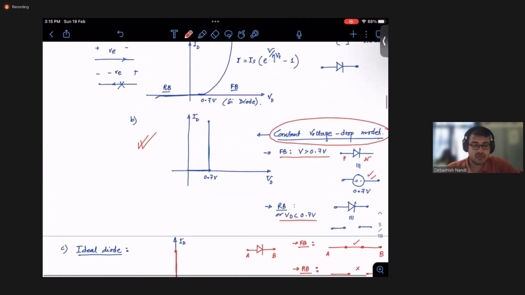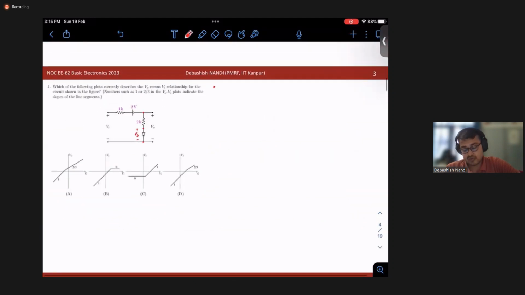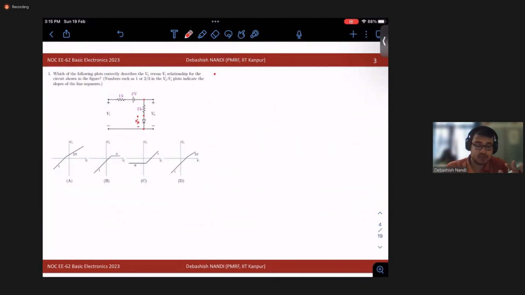Similarly, here the switch is on with a 0.7 volt drop, nothing else, right? So two cases are possible. Either the diode conducts or the diode doesn't conduct, right? So let's first assume the simpler case, the diode doesn't conduct. So the diode is off.